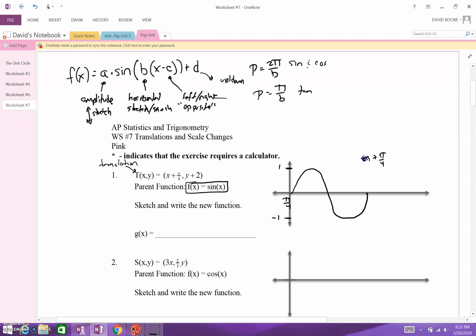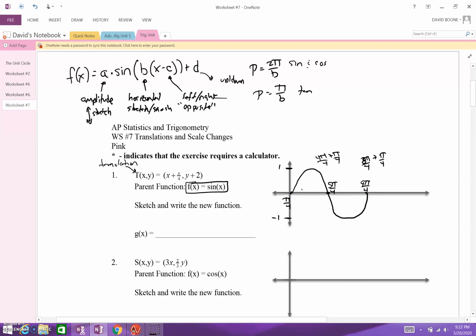So 2 pi is really 8 pi over 4, so adding this together, this would be 9 pi over 4. This would have been pi earlier, so we're just going to go pi plus pi over 4. So pi is like 4 pi over 4, so this would actually be 5 pi over 4 at that point right there.